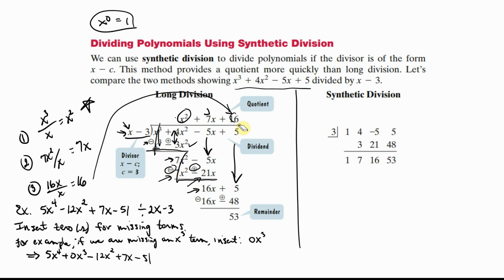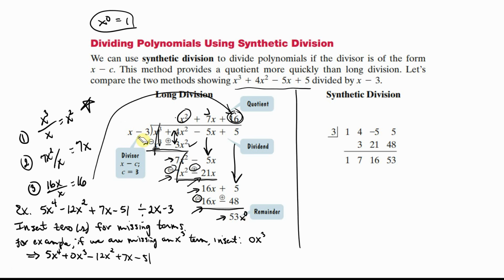Then we say 16 times x. We get 16x. 16 times minus 3 is minus 48. Draw a line. Subtract. That becomes plus. Add up. And then the remainder is the remainder if its degree is less than the degree of the binomial.